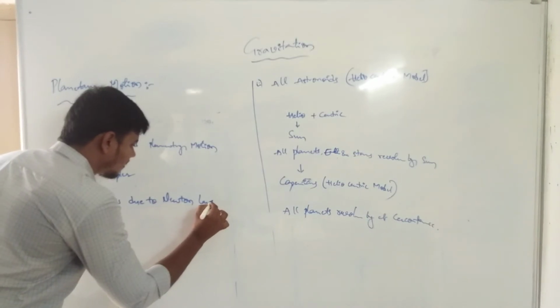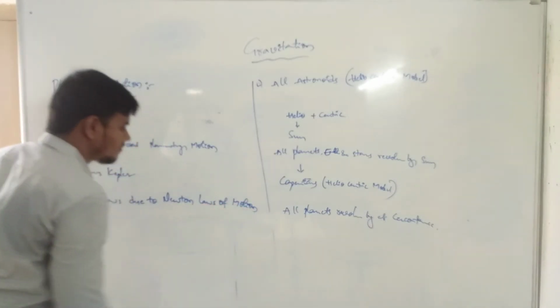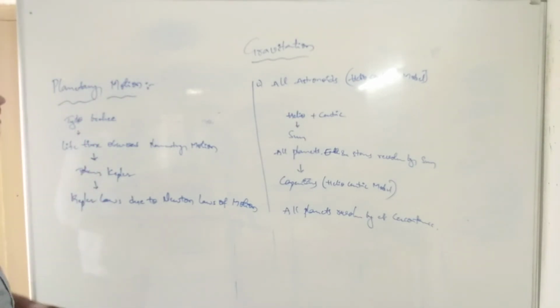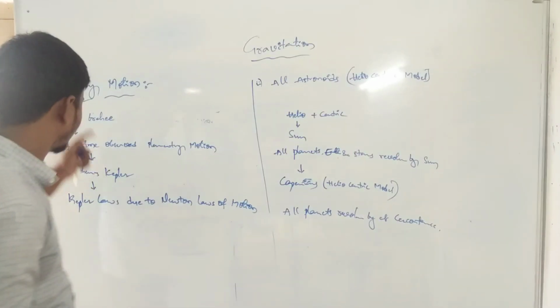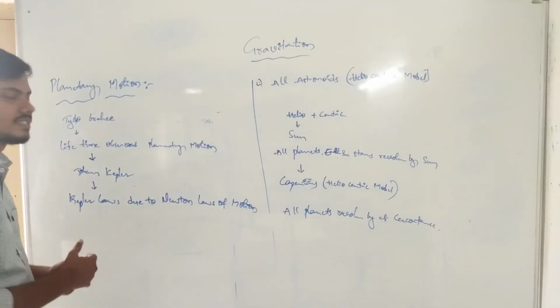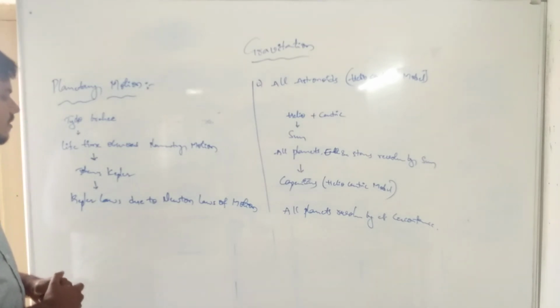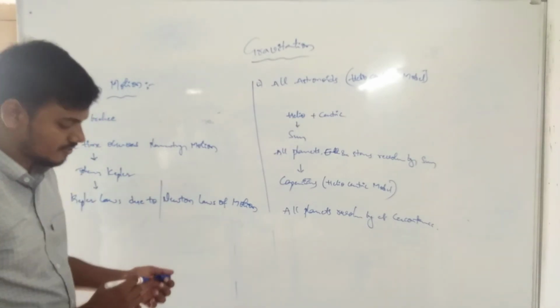First Ptolemy, second Copernicus, next Tycho Brahe, and the last Johannes Kepler, who introduced Kepler's laws.